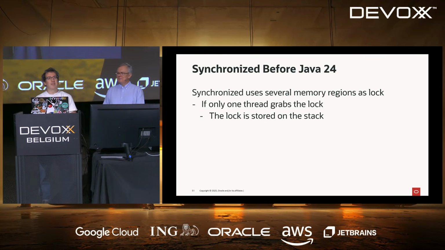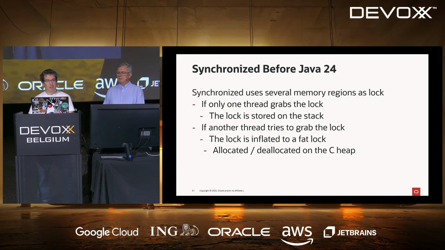So synchronized is heavily optimized in Java because of that, which means that we have a kind of double-step process. If only one thread tries to grab a lock, instead of allocating the data structure to store the lock, a light data structure will be used on the stack to avoid doing allocation and things like this.